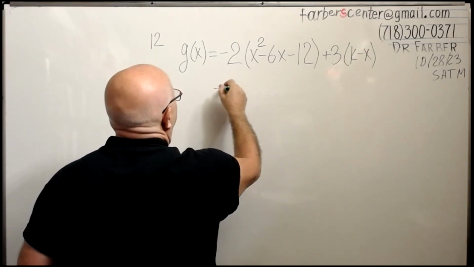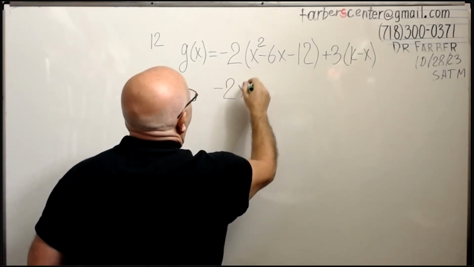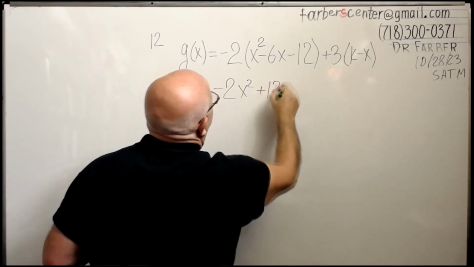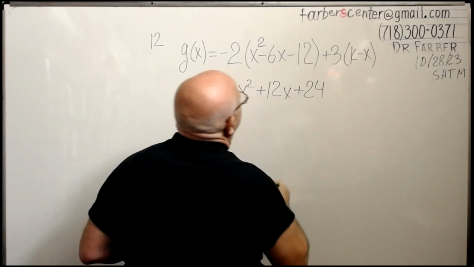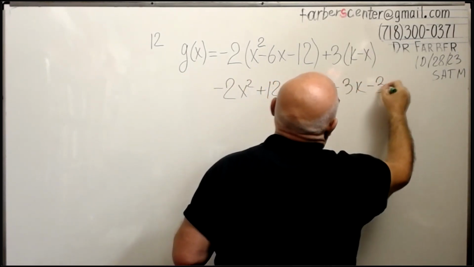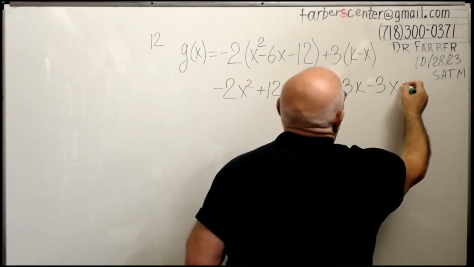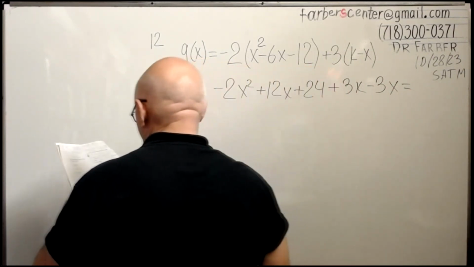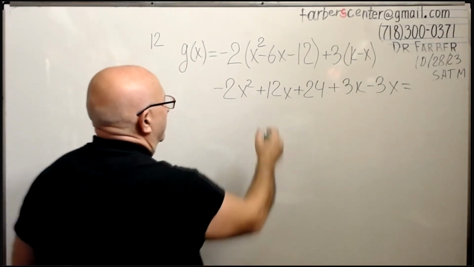It will be -2x squared plus 12x plus 24 plus 3k minus 3x. Or this is divisible, right? You can combine like terms.